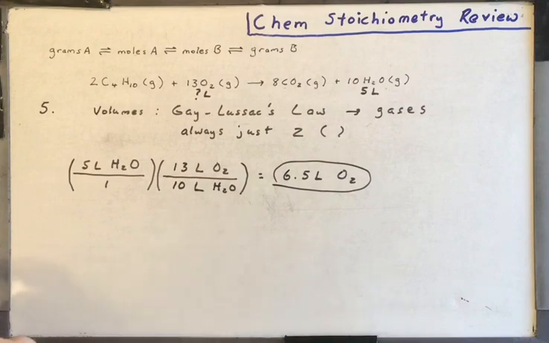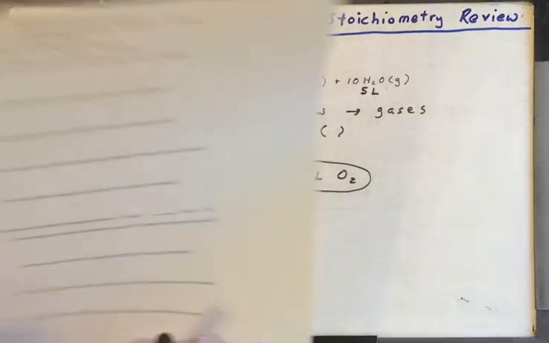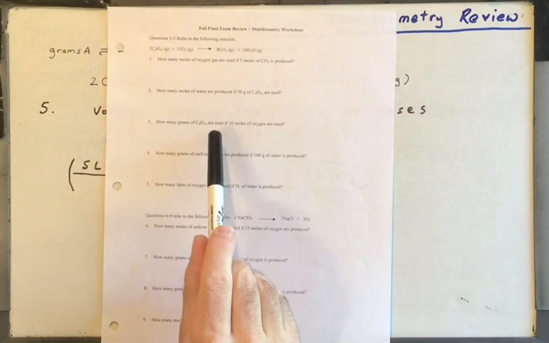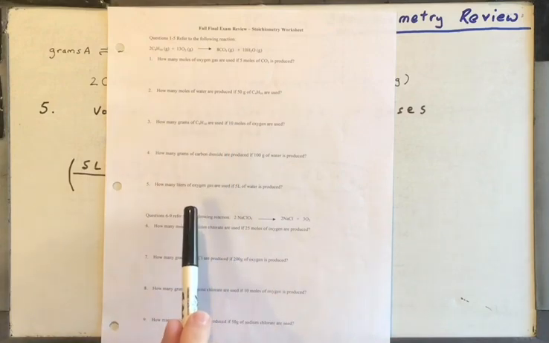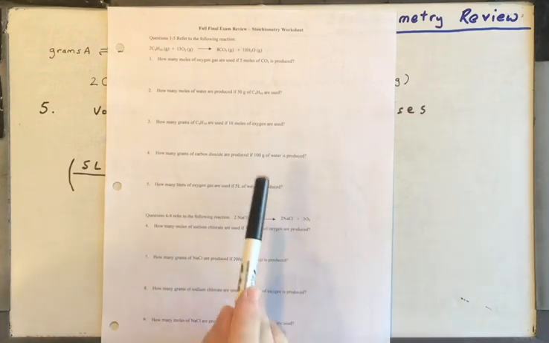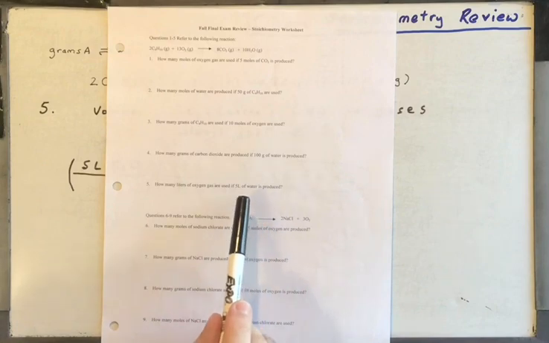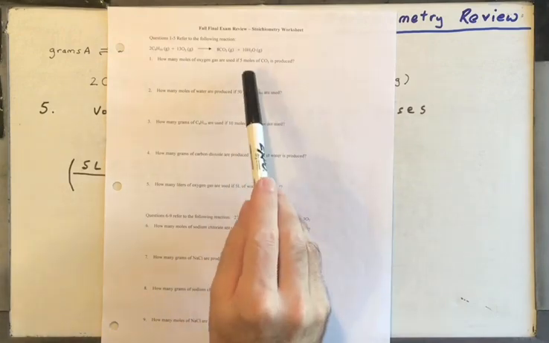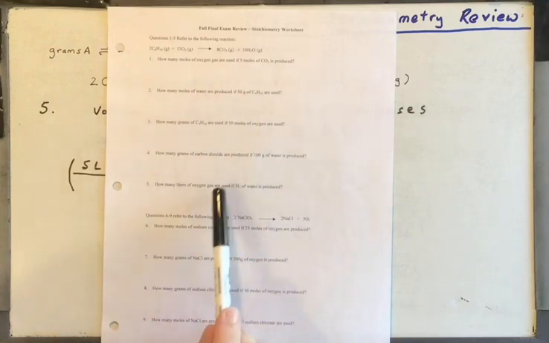So on the final exam, this is exactly what will be on the final exam in terms of the types of questions. Any type of stoichiometry question that I can ask, all right, except for the stoichiometry used in limiting reactants, which we'll have a sheet on, are these types of problems, these 5 problems.